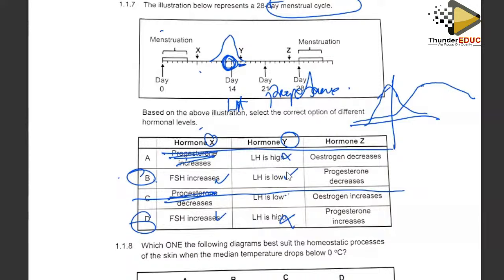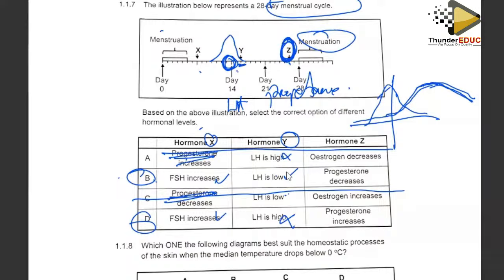So we need to prove that B is the correct one. We go to Z and check. Because of menstruation, the progesterone is supposed to drop. Since it's dropping here, it is too far from day 14, where it is supposed to be high. The corpus luteum is degenerating.